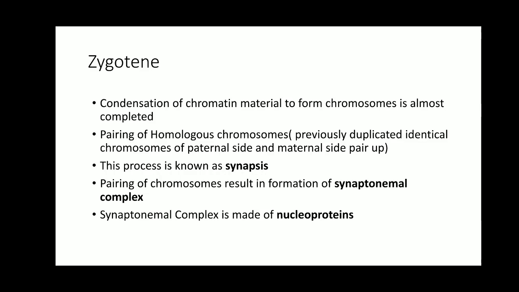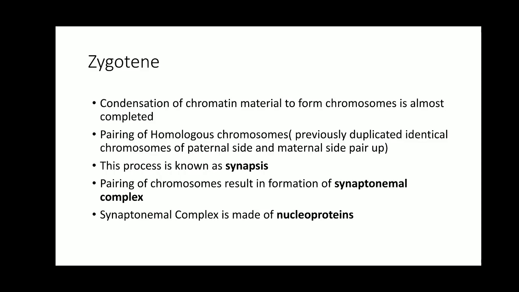What are these homologous chromosomes? Now, in the S phase of the interphase, the DNA is replicated. Means each chromosome will be in the form of chromatin thread-like structure. So this chromatin thread-like structure is replicated in S phase. Now, how many chromatin thread-like structures will be present?